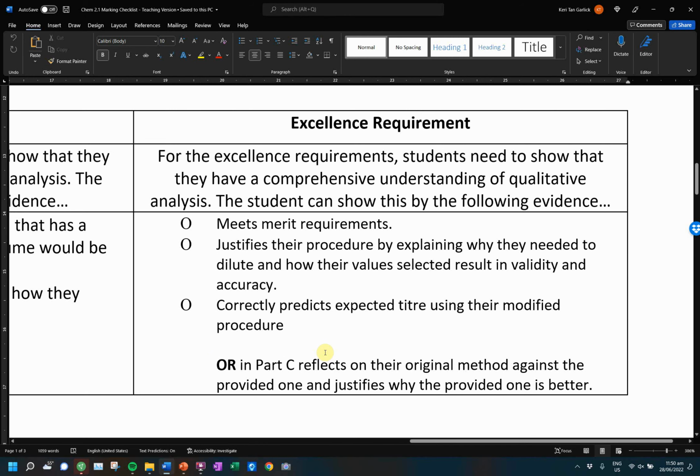I will give you a method in part C. You'll be able to compare and contrast the method I give you in part C with the one you created, and you can explain once again what was wrong with your original method. So you get a backup to still get the excellence if you don't get it on the first go. But I expect most of you will probably be fine.